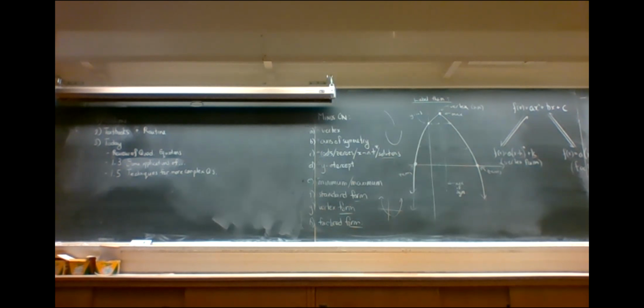And factor form automatically gives us 2 points, and it's that could equal a 0. So instead of the y value, what if the y value was 0? What would the x values have to be? It's the same idea as factoring, but we apply it to graphs. We'll get there. All right? So it gives you the zeros very quickly.